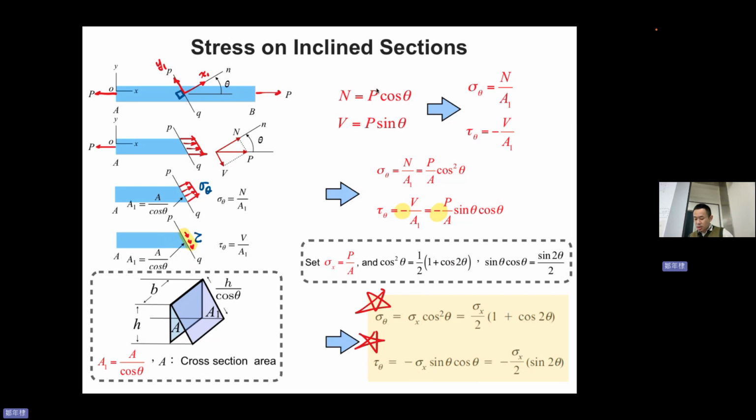So this is how the equation helps you determine any section with different angles, any cross section in this material. You can be here, here, here, any direction. The component can be determined.